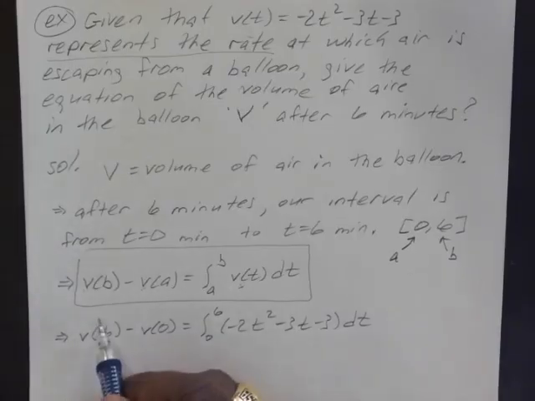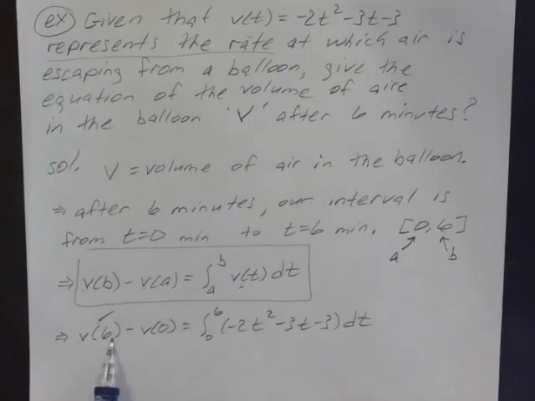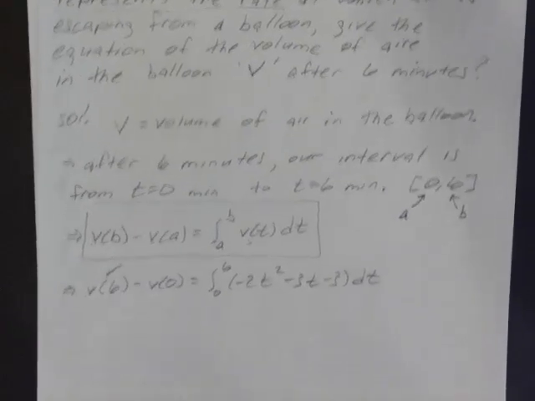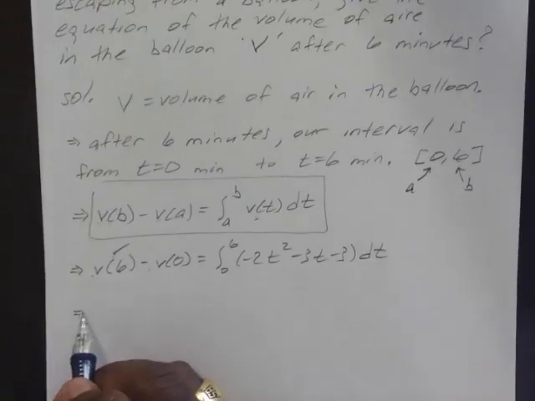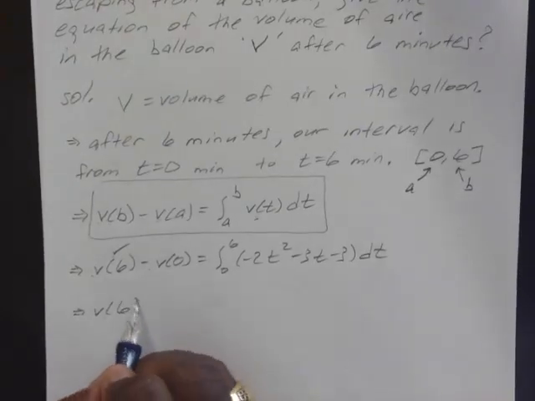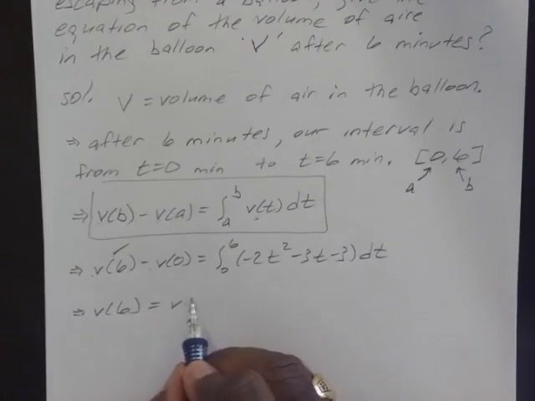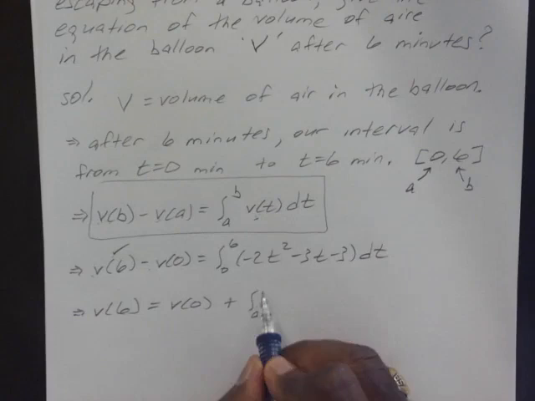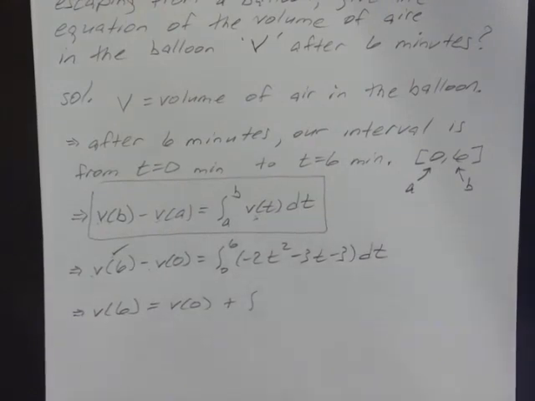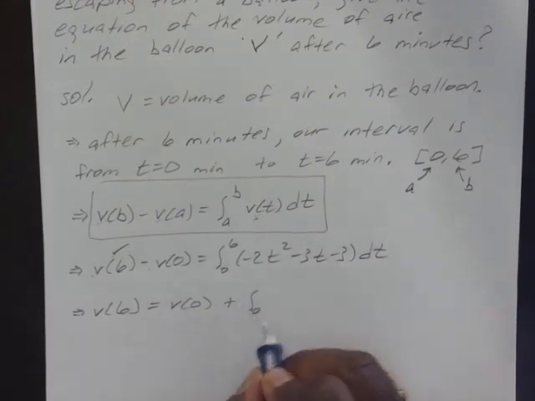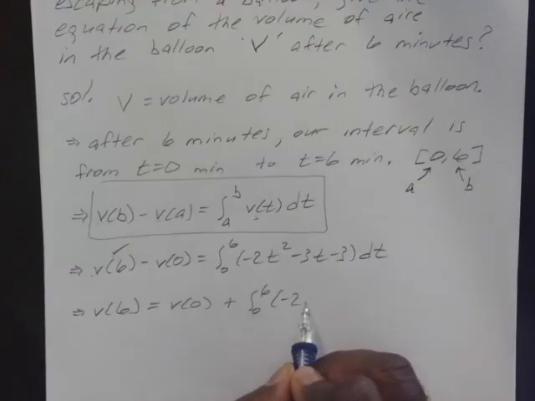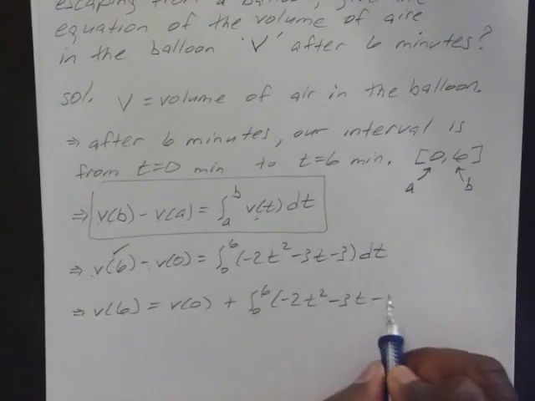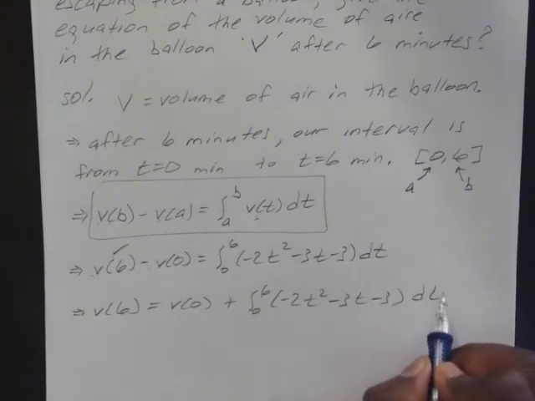So this would tell us our volume after 6 minutes. So we just add our volume at the beginning, add that to the other side. So our volume after 6 minutes is just equal to our initial volume plus the integral from 0 to 6 of -2t squared minus 3t minus 3 with respect to t.